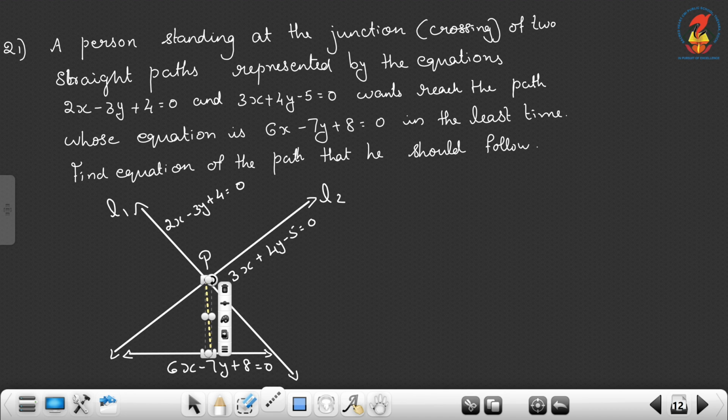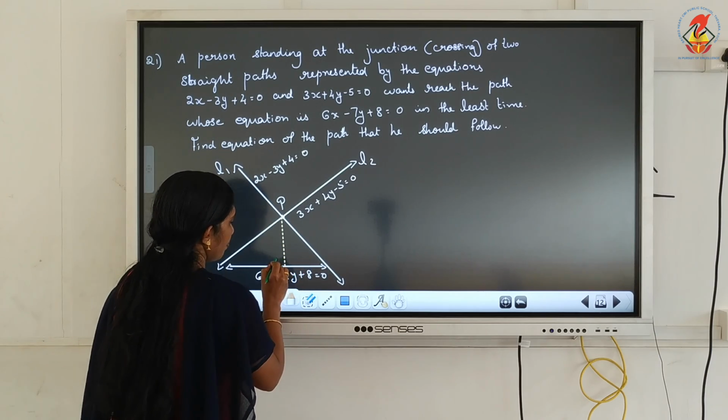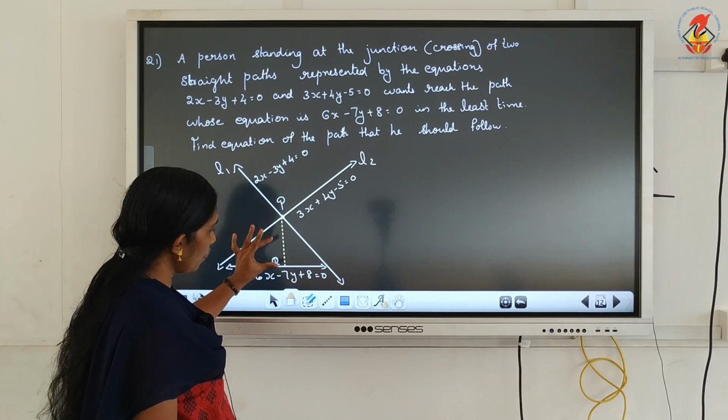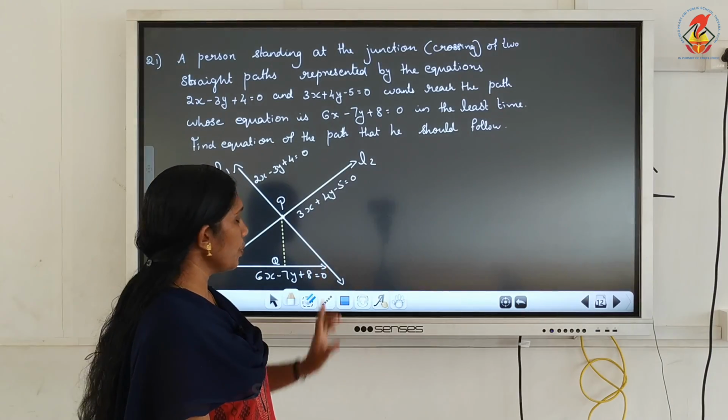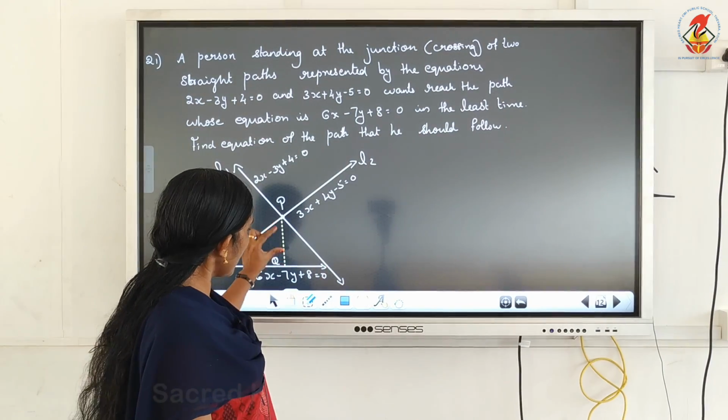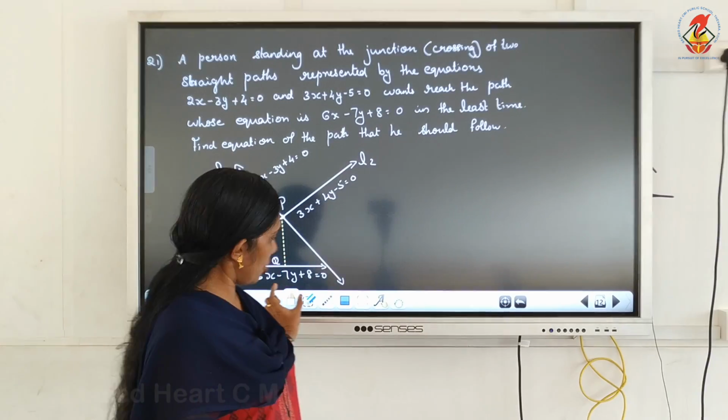Okay, so we have to find the equation of the path he should follow. Let it be Q. So what is the equation of PQ? PQ is perpendicular to this line. So we can apply that perpendicularity condition.